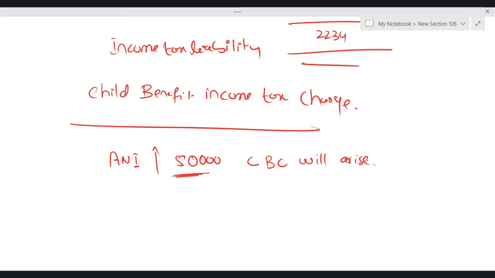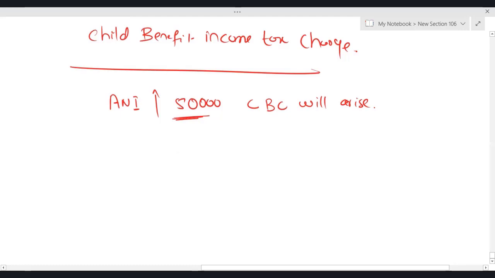In that case, we'll take the adjusted net income of the spouse who has the higher income. Let's say one of them is having adjusted net income 55, another one is having 57, then we'll go for 57. So let me repeat. In case of husband and wife, whoever is having higher adjusted net income, we will take the higher adjusted net income of that spouse to calculate child benefit charge.